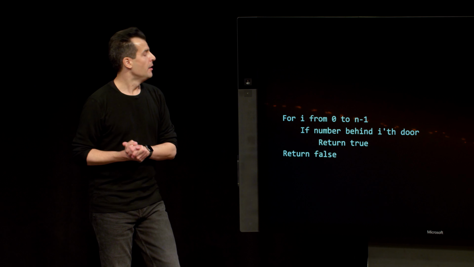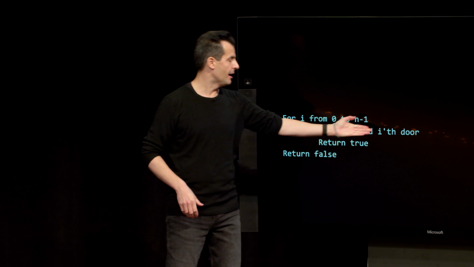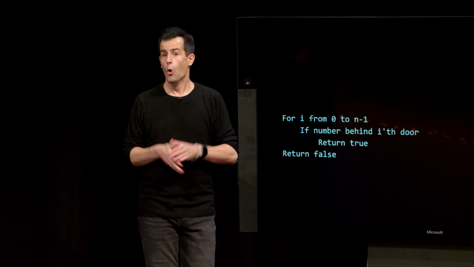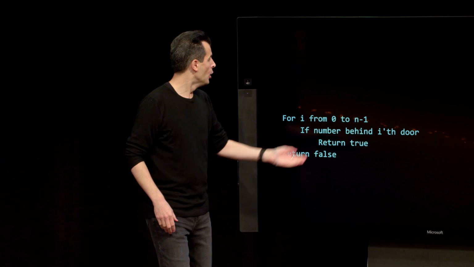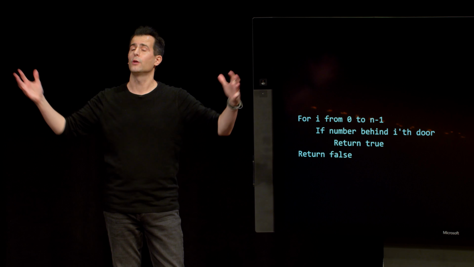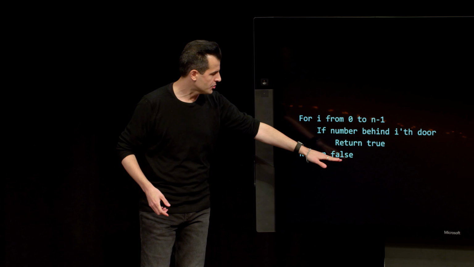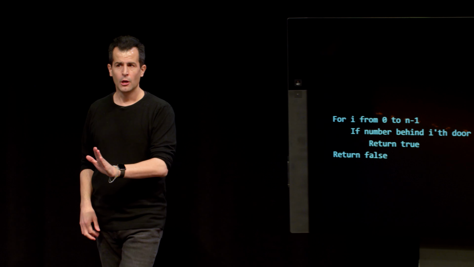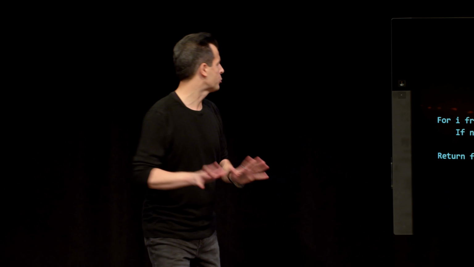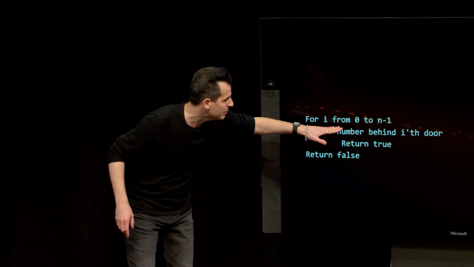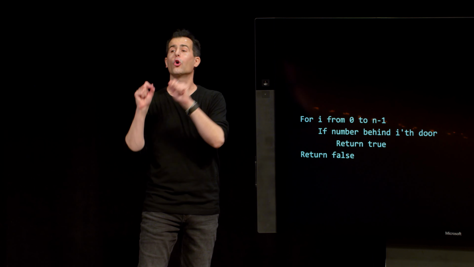If a condition, number is behind the ith door, ith just being a colloquial way of saying what is behind the door at location i, go ahead and return true. I have found the number I want, for instance, the number 0. And then notice that this return false is not part of an else, because I don't want to abort this algorithm prematurely simply because a number is not behind the current door.